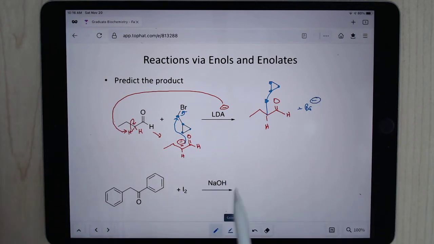Okay. So for here we have a base. We're looking for the most acidic hydrogen, and that turns out to be just right here. That's going to grab that.